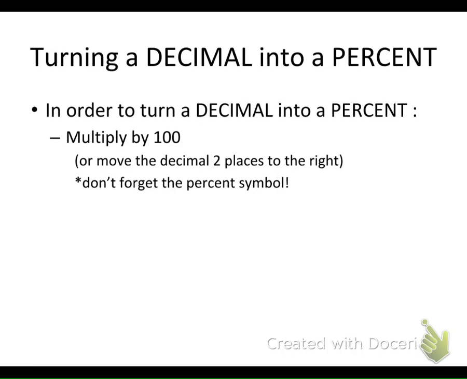Multiply by 100, or move the decimal 2 places to the right, and then don't forget the percent sign. When you get your answer, after converting a decimal into a percent, you have to write the percentage sign at the end in order for your number to be correct. I'll talk about it more when we get to the example.